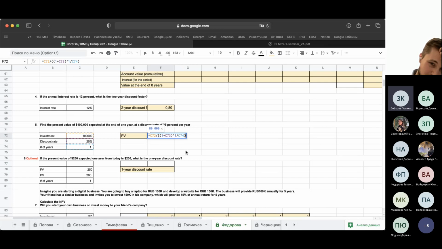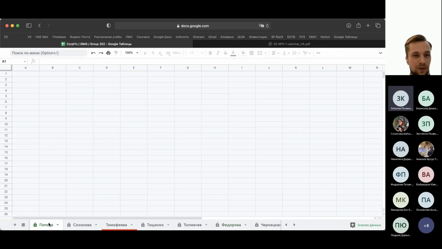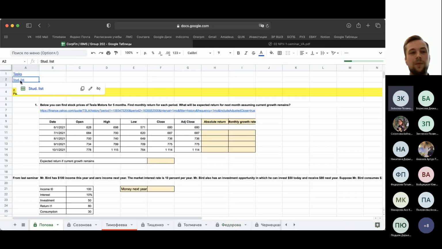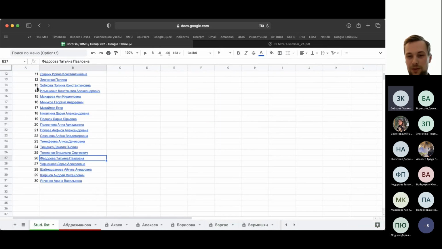Not actually, so let me show it, or maybe some other student can show us. But the result is correct, right? Yeah, the result is correct, but I guess you can see my formula.